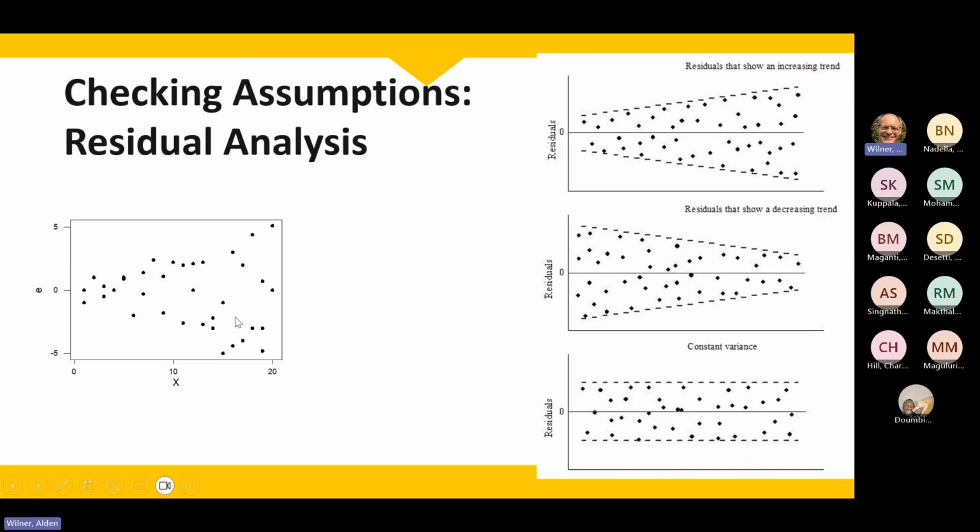Skedasticity is the scatter. It's basically a Greek word. These people were making all this stuff up back in the 1930s. They were all enamored of ancient Greek and ancient Latin, and so they had to use fancy words for it. So a constant variance, or homoskedasticity, if you draw a couple of lines around the outside, they look horizontal to the residuals.